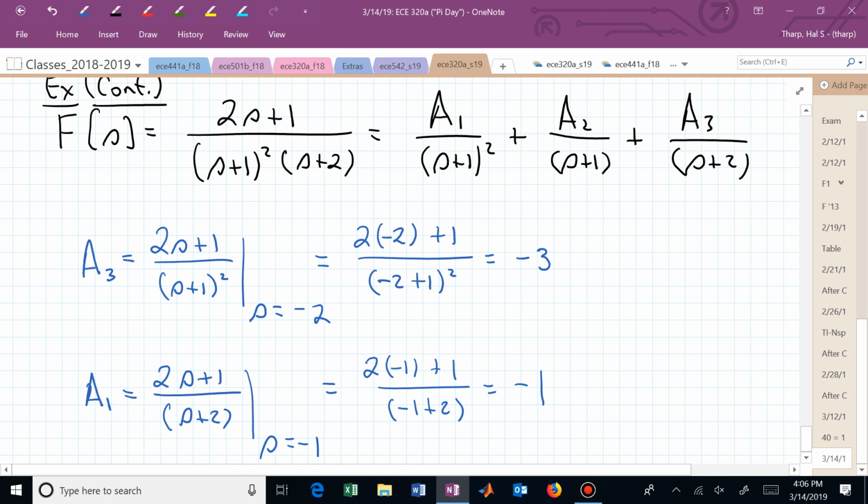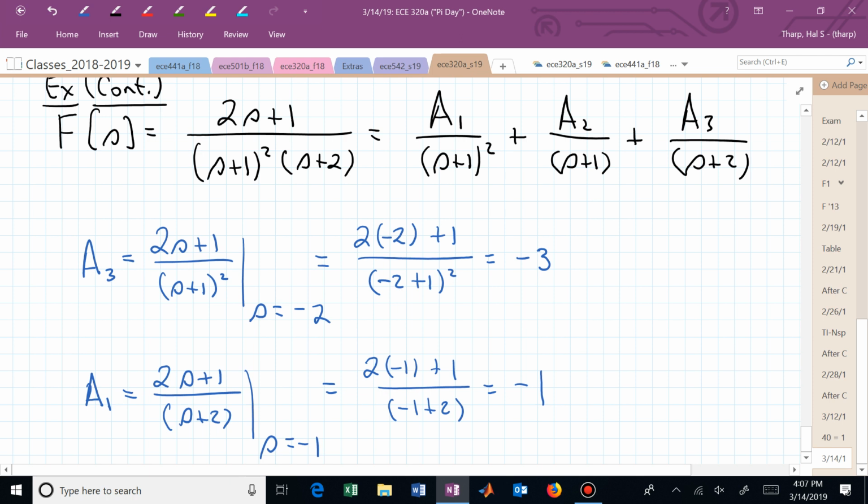If I now multiply through by s plus 1 and try to use the cover-up method, what happens? If you fell asleep during lecture, then you'll miss it, right? But you won't miss it on the exam.